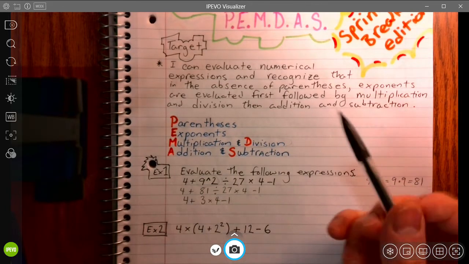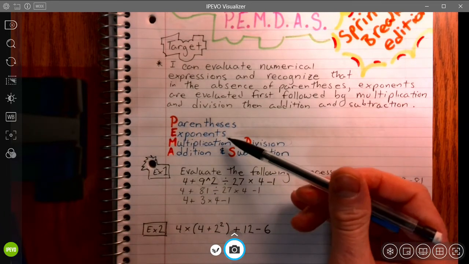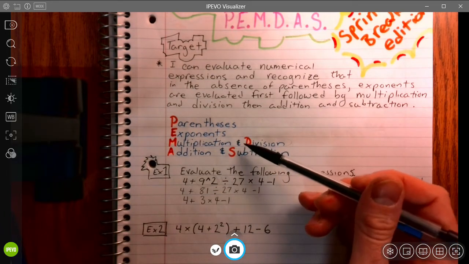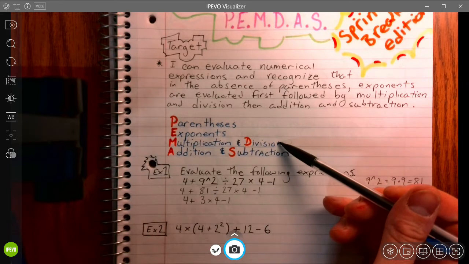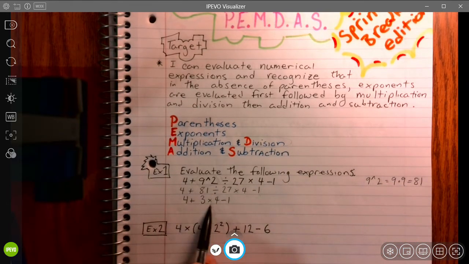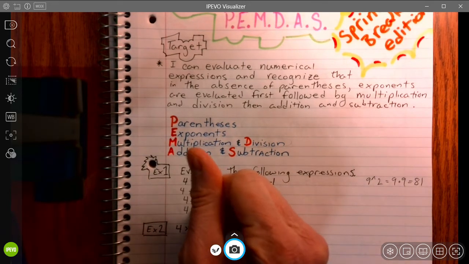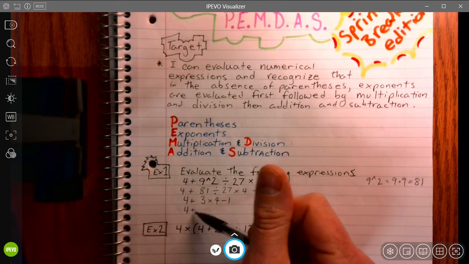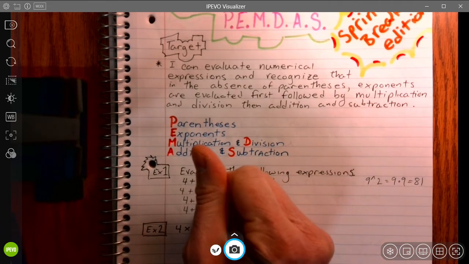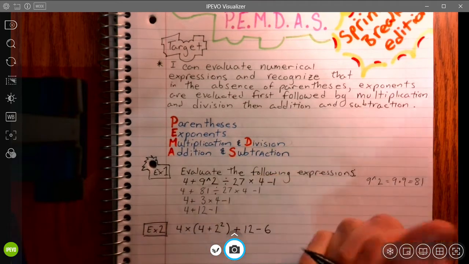Then start all over. Are there parentheses? No. Are there exponents? No. Is there multiplication and division? Yes, right here, 3 times 4. So again, I'm going to copy down the 4 and a plus sign. 3 times 4 is 12, minus 1.